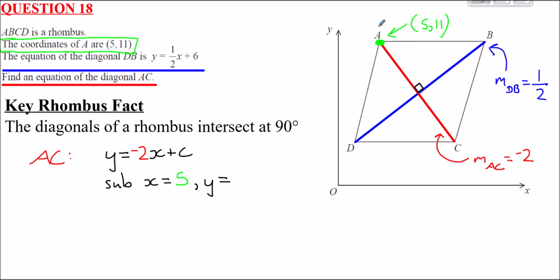We're just basically substituting in point A into this equation. So y now is going to become 11. X is now 5, so minus 2x means minus 2 times 5. And finally, plus c. So 11 equals minus 2 times 5 is minus 10, plus c. I can work out what c is by adding 10 to both sides.